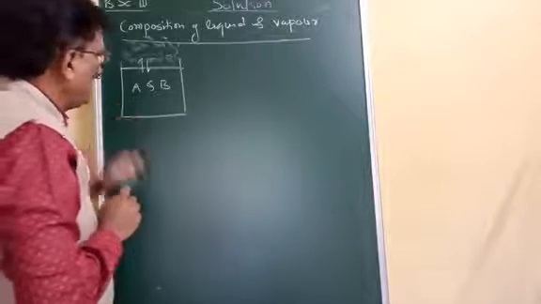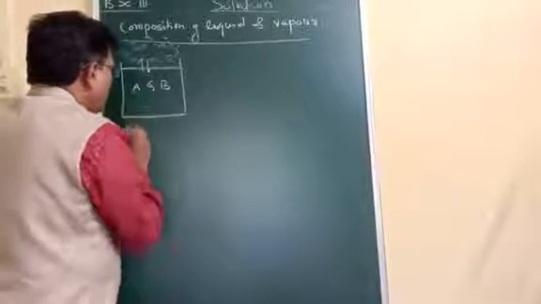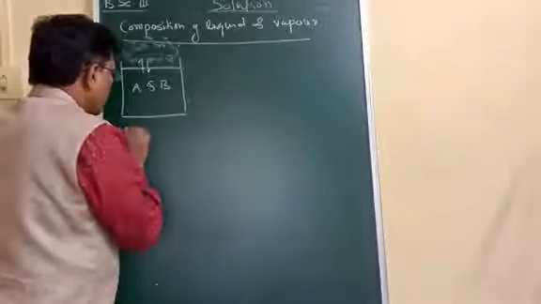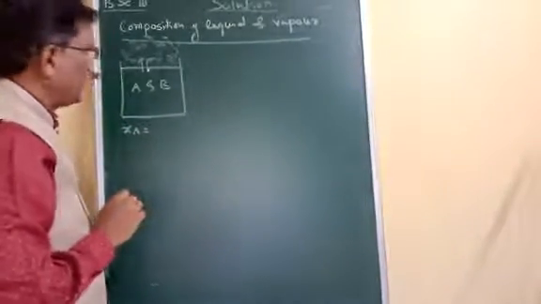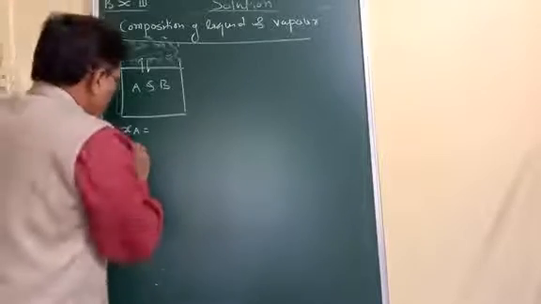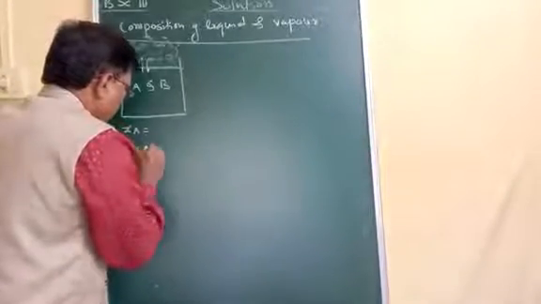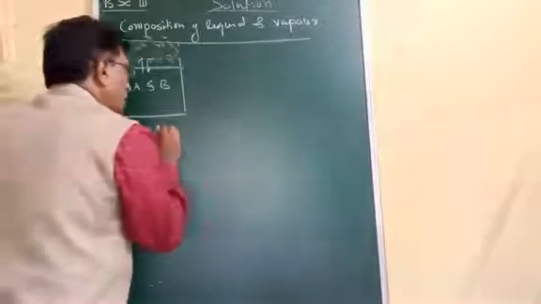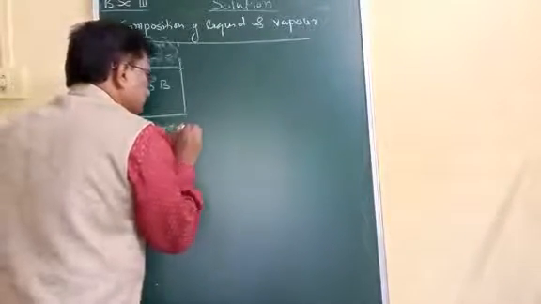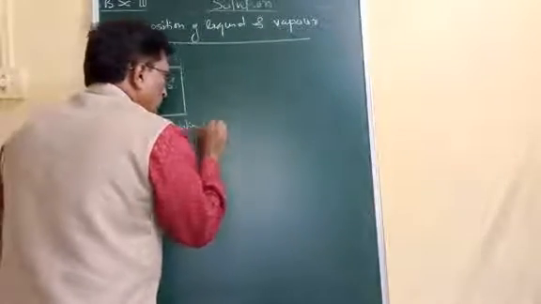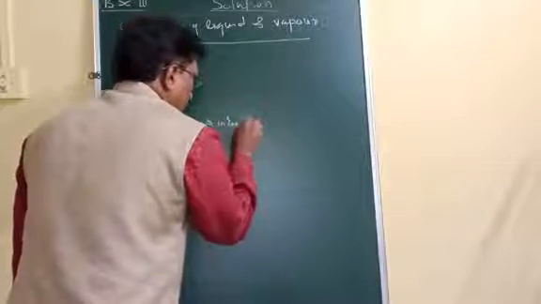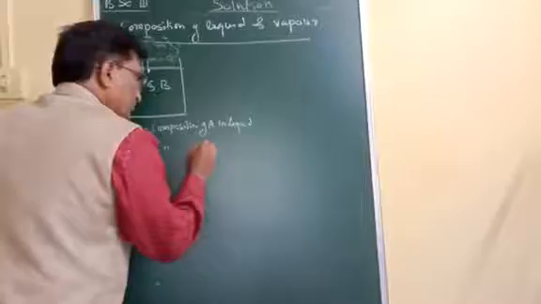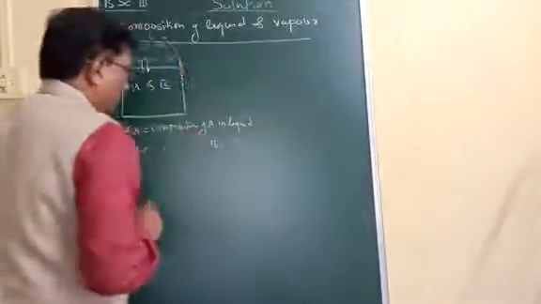Now in the solution, the composition of A is XA and that of B is XB. That means the composition of the A component in liquid, and here the composition of the B component in liquid.